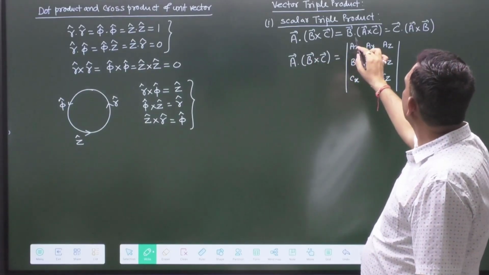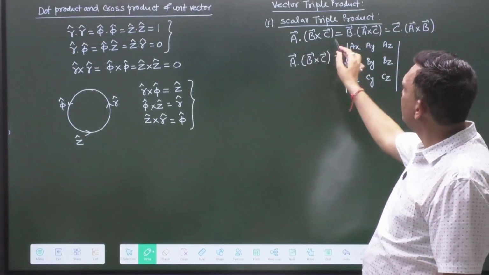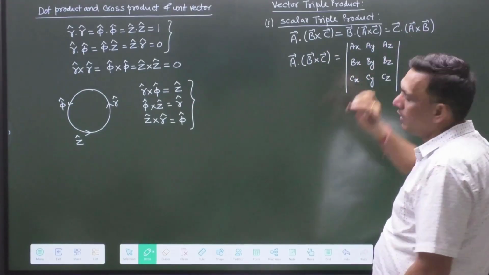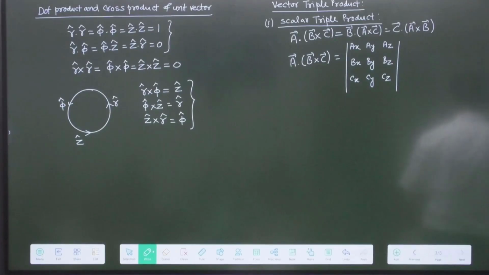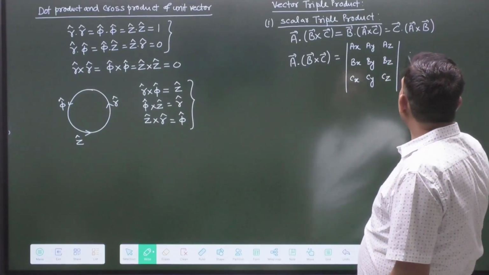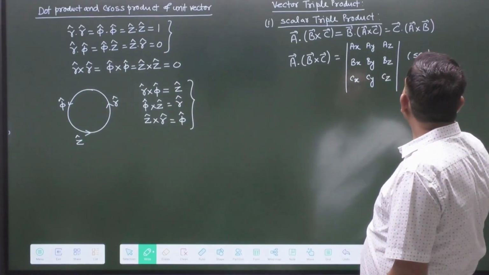This is A dot B cross C, same as B dot C cross A, that is C dot A cross B. You have to remember this point. So A dot B cross C, you will get this particular scalar value.